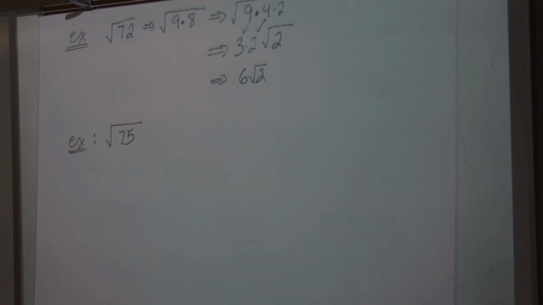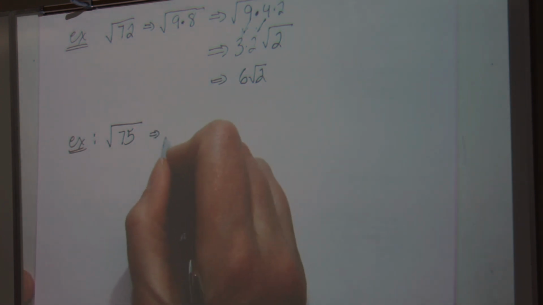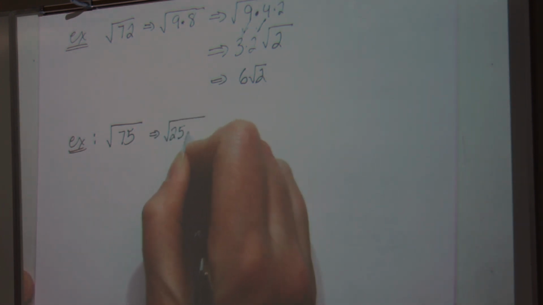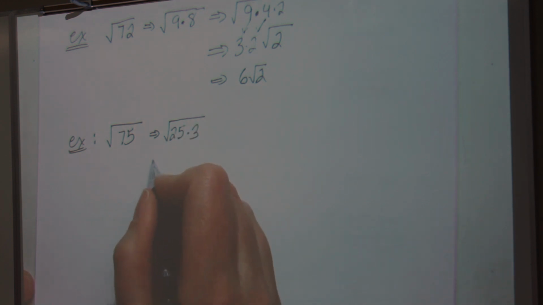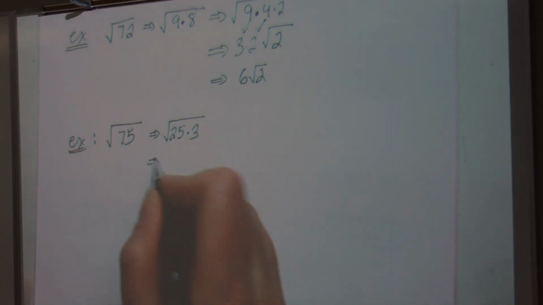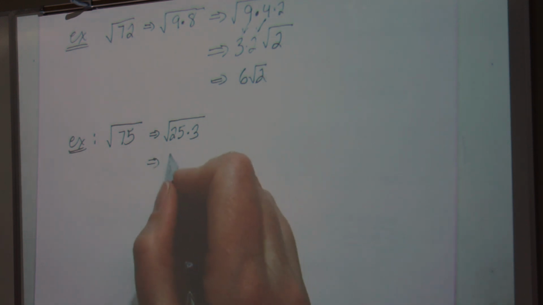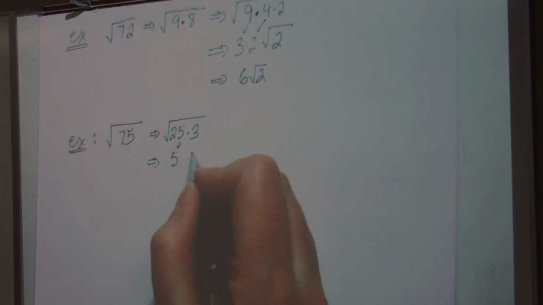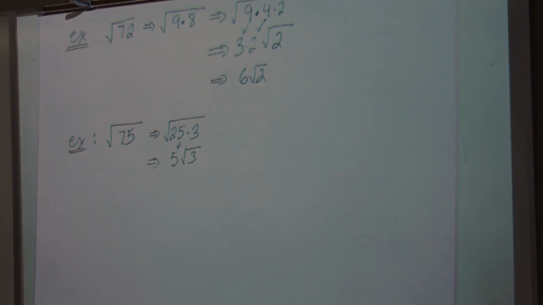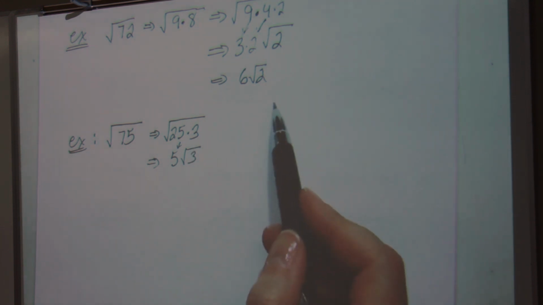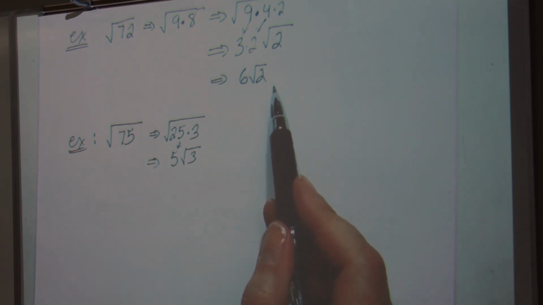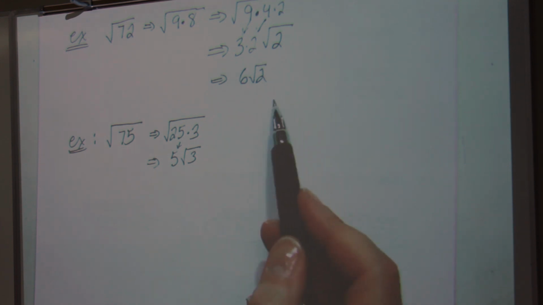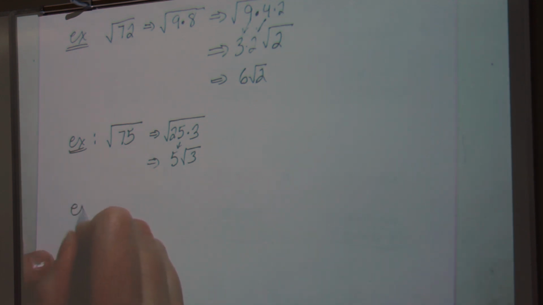What times what is 75? 25 times 3. What's the square root of 25? 5, so that guy goes there. Does 3 have another pair? No. It's stuck underneath the radical, and it's going to stay there. Notice that the 3 is prime. In the previous example, the 2 was prime. Unless they have another pair, they're stuck. Always a bridesmaid, never a bride.